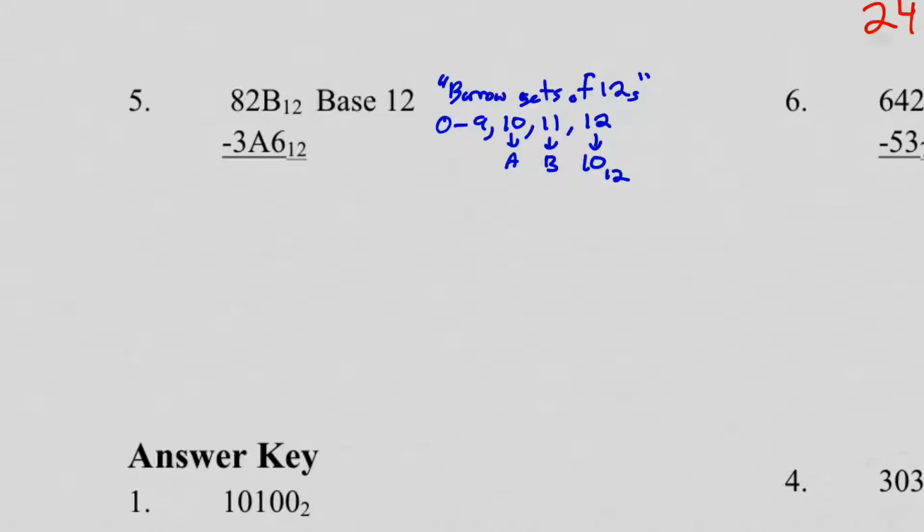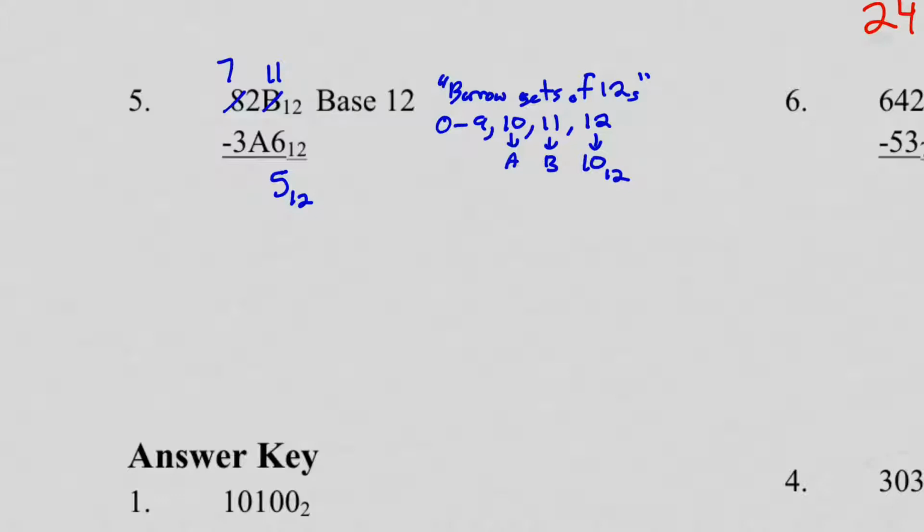Now we're going to do, hey, B is 11. So this is actually 11. And we know 11 minus 6 is 5. Okay, 2 minus A. Well, actually we're doing 2 minus 10. We don't have enough. So we're going to have to borrow from the 8. One set of 12s from the 8. So we're going to make that a 7.